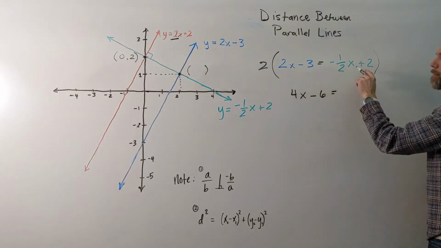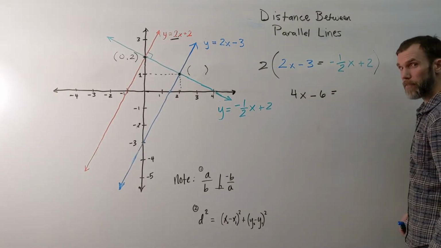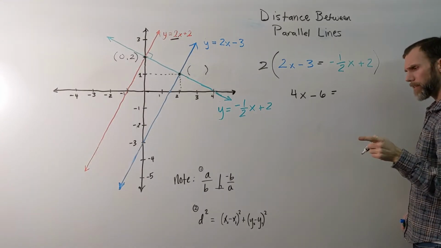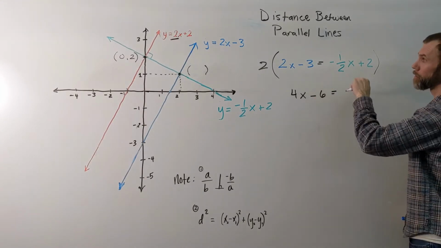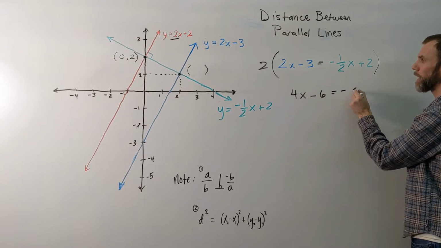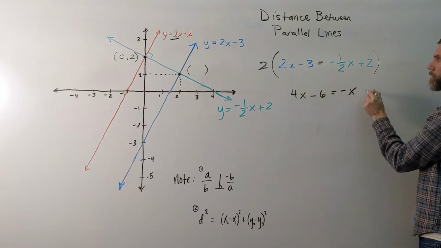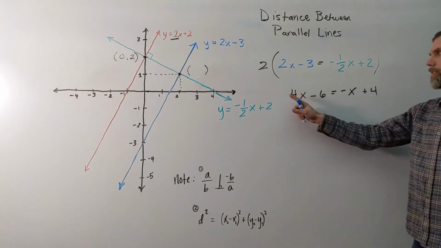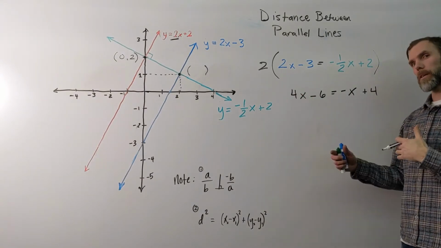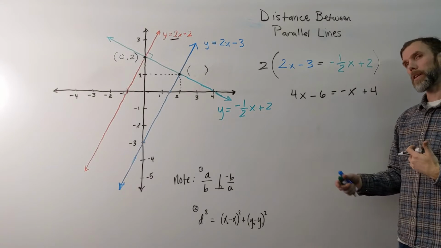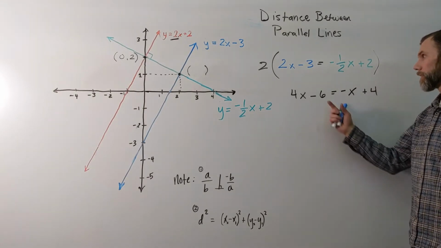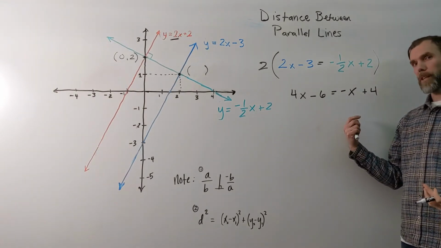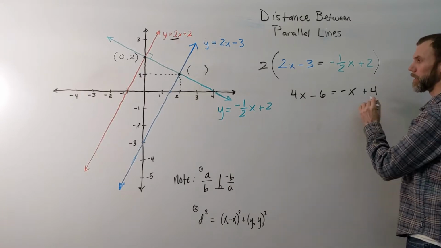And then 2 times negative 1/2: think of 2 halves of a pizza making a whole pizza, so that's negative 1x. And 2 times 2 is 4. Notice that I don't have any fractions, and it's easier to get the x's on one side and the constants on the other because I'm not working with partial numbers.